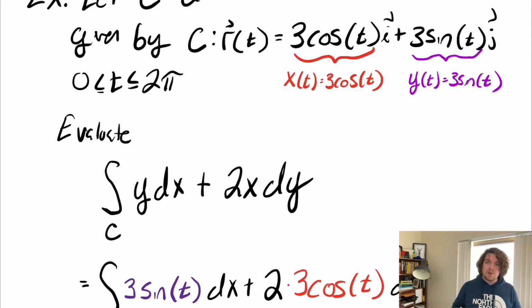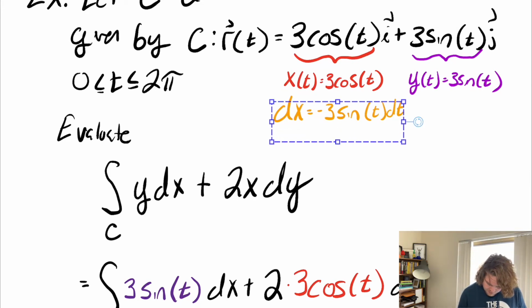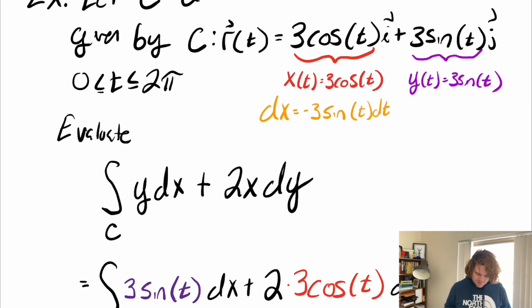We're actually going to go back to our definition of x and our definition of y, and if we take our derivatives, or in particular find our differentials, we know that dx is just going to be -3 sine of t dt. So we're going to be able to replace the dx with a -3 sine of t dt.